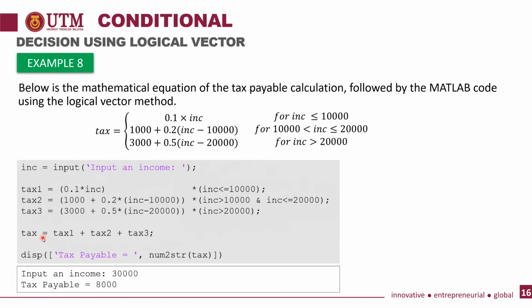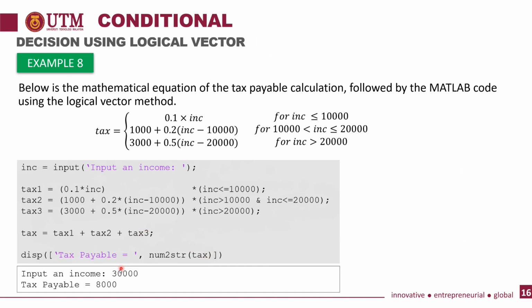Lastly, we need to add all of those taxes, like adding all of those vars, compared to the syntax that I've shown you before. So tax equals tax1 plus tax2 plus tax3, and then you can display tax payable equals num2str of tax.